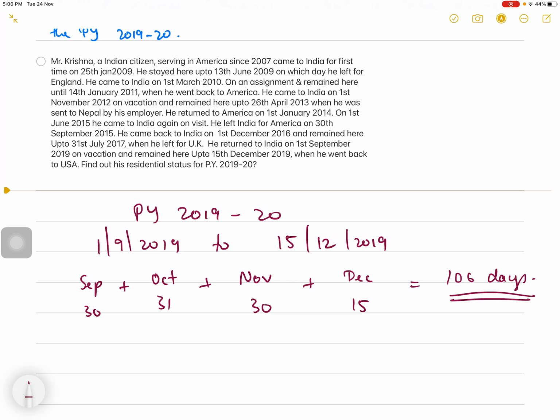So his stay in India during the previous year 2019-20 is 106 days, okay, and he has come here on a visit and he is an Indian citizen. So in this case, the second basic condition is irrelevant. He does not satisfy the first basic condition, therefore he is non-resident.